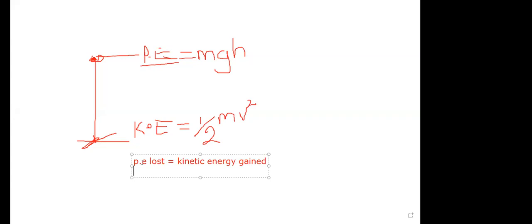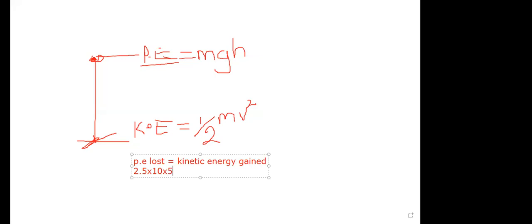That is from the principle of conservation of energy. So here we have our mass as 2.5 kilograms times the acceleration due to gravity, which is 10, times the height that they gave us, which is 5 meters.